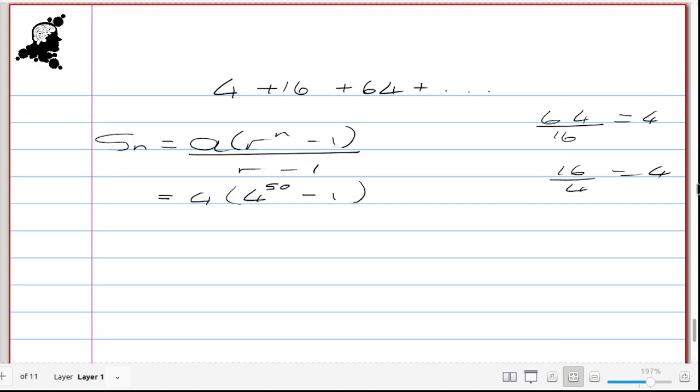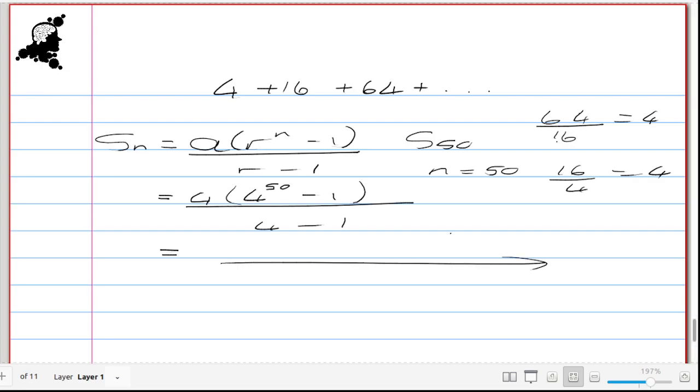So basically, we calculated the value of r by saying 64 divided by 16 is 4, 16 divided by 4 is 4. We have our common ratio, so we just substitute everything into the formula. The question wanted S50. This implies that the value of n is equals to 50. So S50 is 4 into 4 to the power 50 minus 1, divided by 4 minus 1. You will type this in your calculator and get a very large number. I'll leave the work up to you to calculate it.